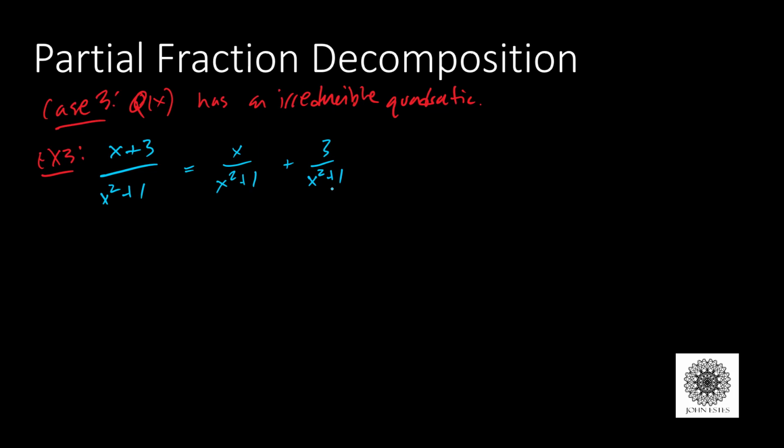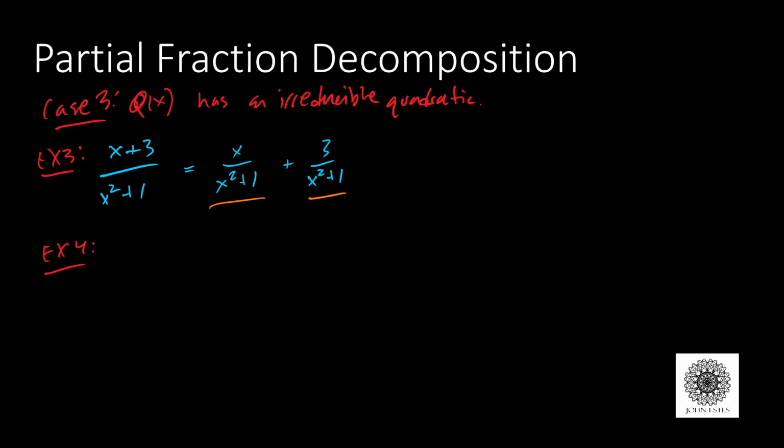If you were trying to integrate, you could integrate the first term as a logarithm, and the second term using an inverse tangent. Okay, so we kind of avoided the problem there.